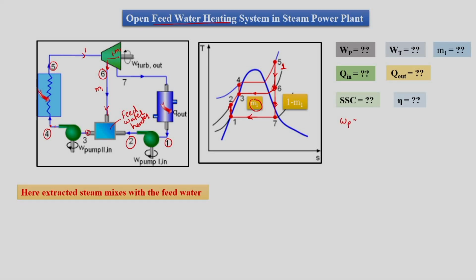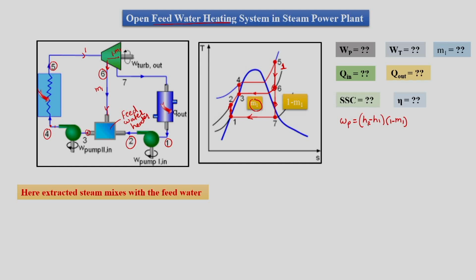Here finding the pump work is simple. We have Wp equal to H2 minus H1, but this was the enthalpy rise, and it was for 1 minus m1 mass. We know in the steam table that enthalpy has the unit kilojoule per kg.